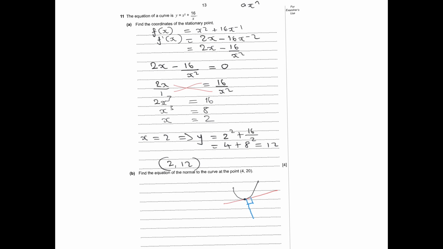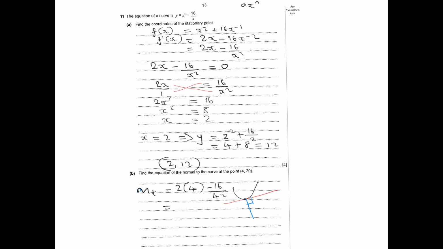So the gradient of the tangent is going to be 2 times 4, minus 16 over 4 squared.